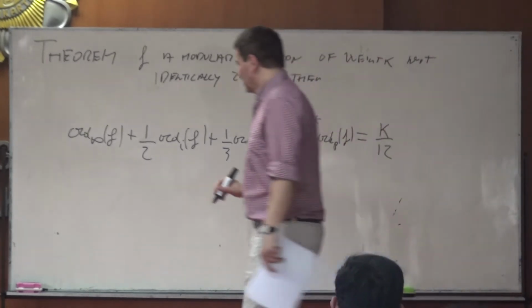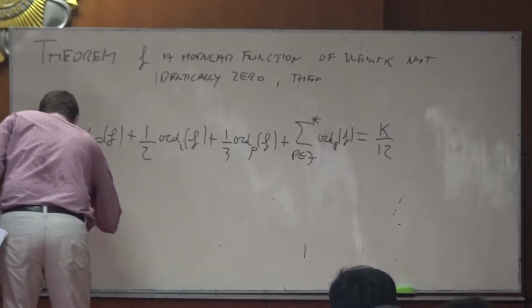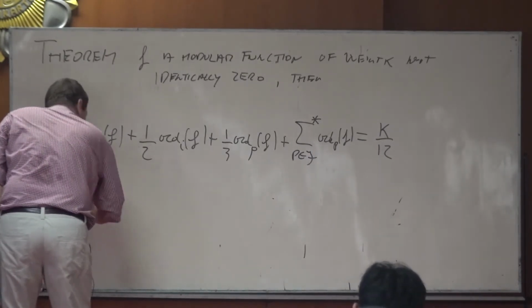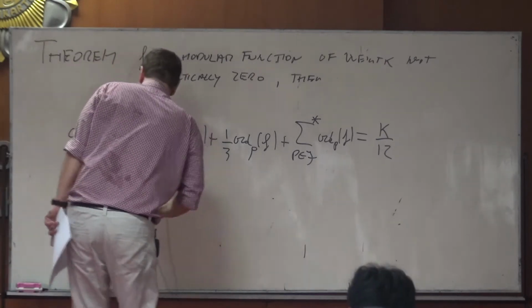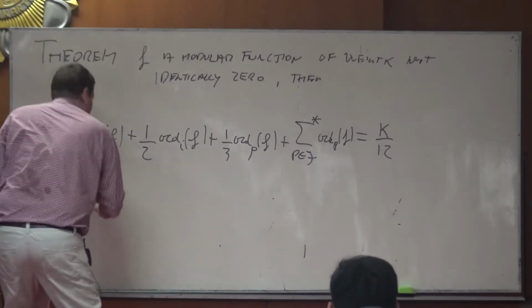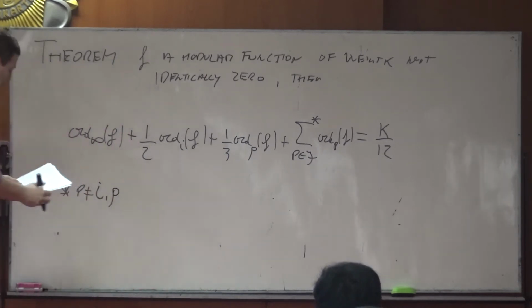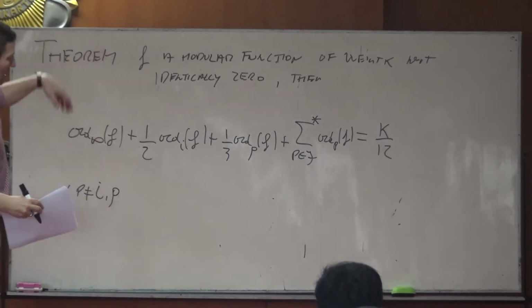And the star means I'm summing over p in F, p different from i and rho. So I'm summing over all the other points.